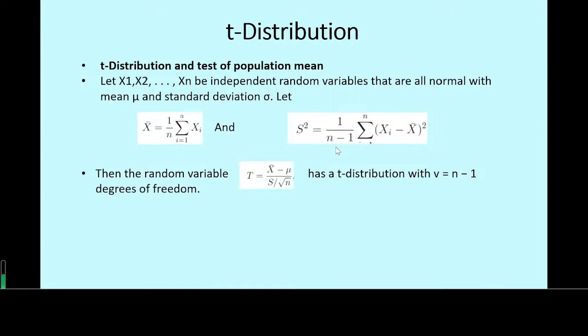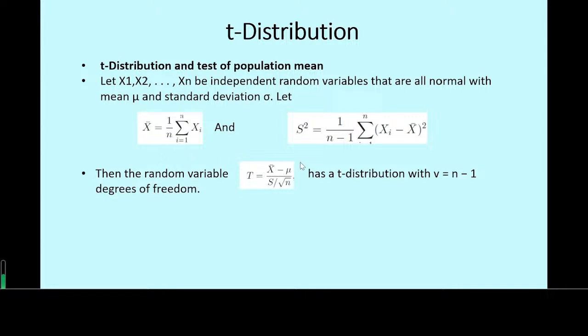Just note the sample variance is the sum of squares of the differences between each value and x bar, the sample mean, divided by n minus 1. We divide by n minus 1 here because 1 degree of freedom is lost when calculating x bar.